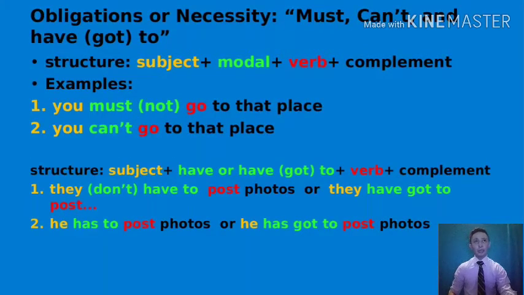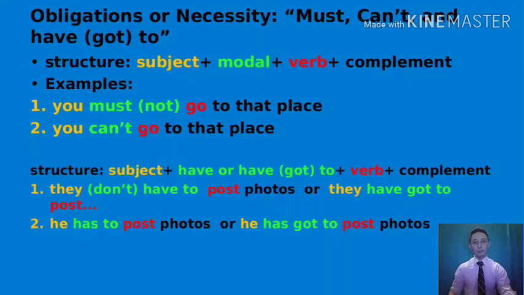For obligations, or necessities, we can use must, can't, and have to or have got to. We have some examples here. Example number 1 says, you must or must not go to that place.